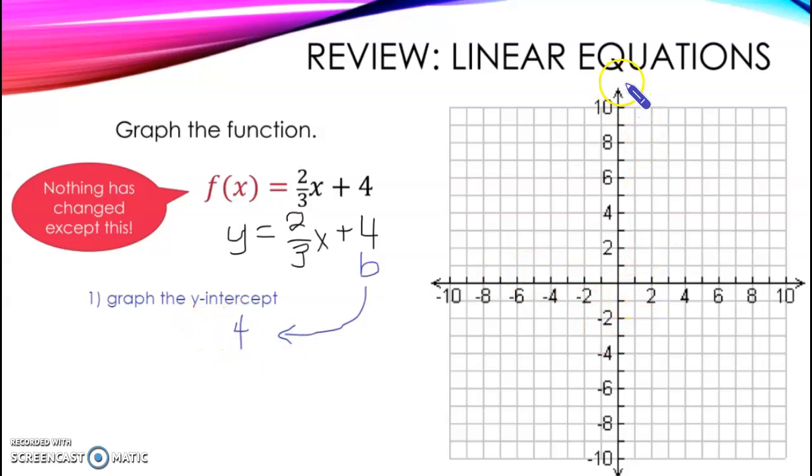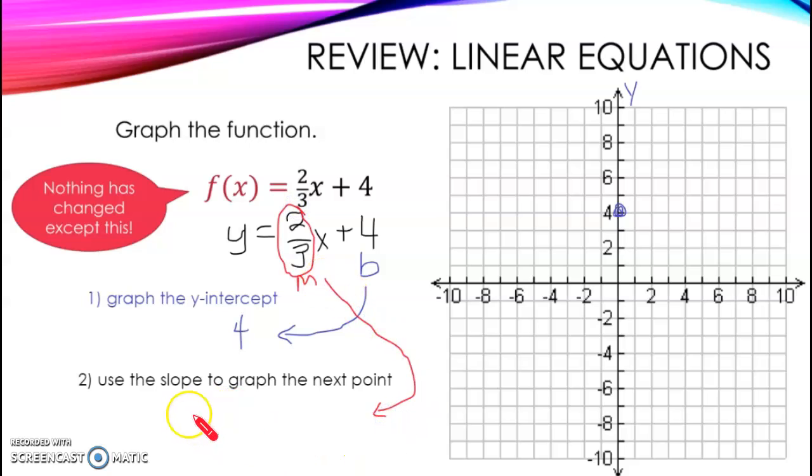Then we're going to look at our y-axis, the up and down axis, and put a little dot at 4. Then we're going to use the slope to graph the next point. Remember, your slope is your m value. In this case, it's 2/3.